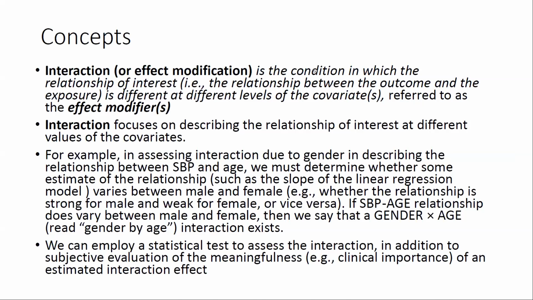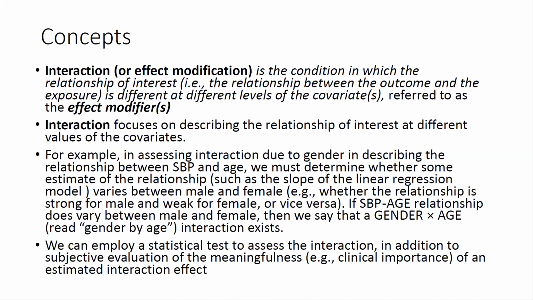This really says that with different levels of this effect modifier, the relationship between exposure and the outcome will change a lot. There is a huge difference between the relationships stratified by the levels of the effect modifier.